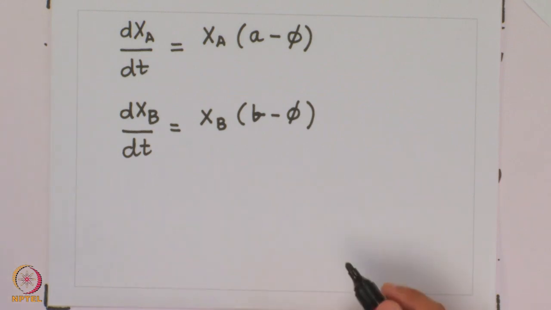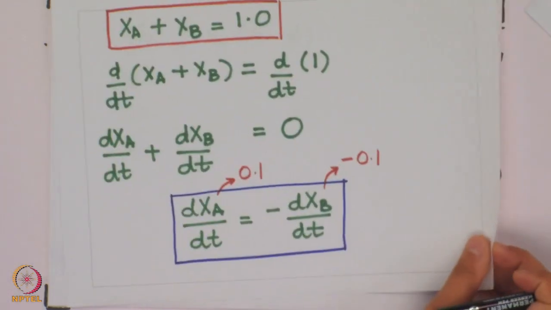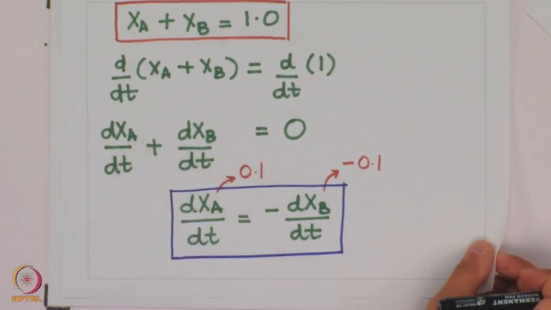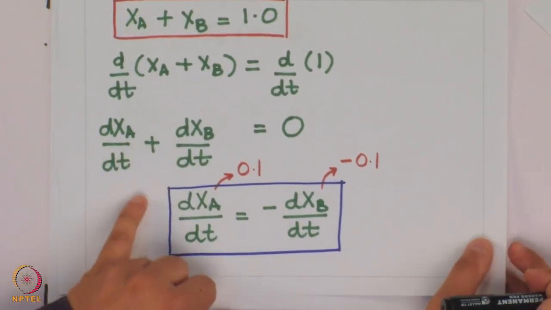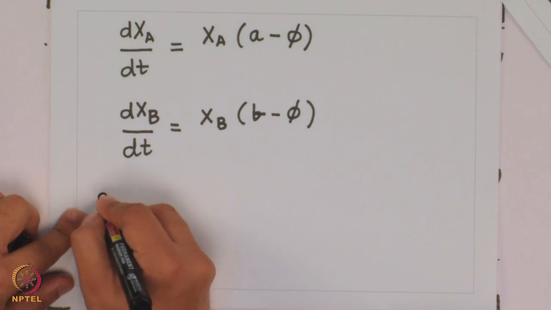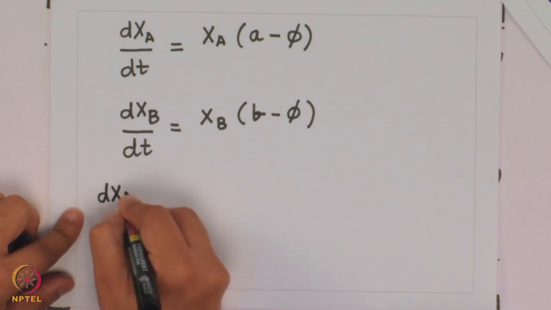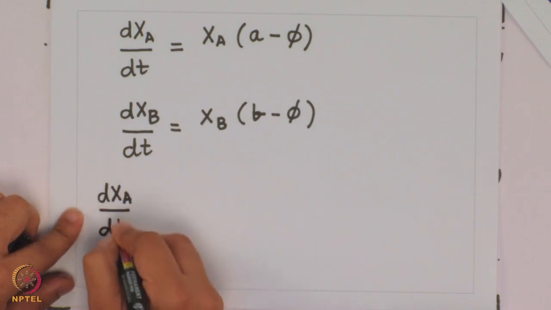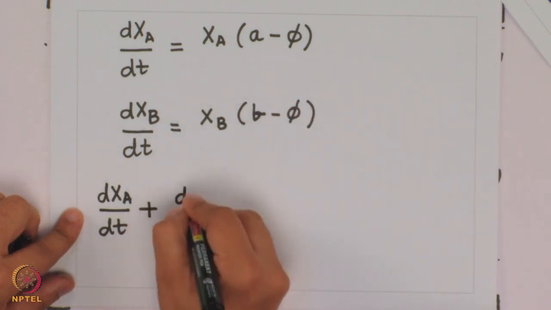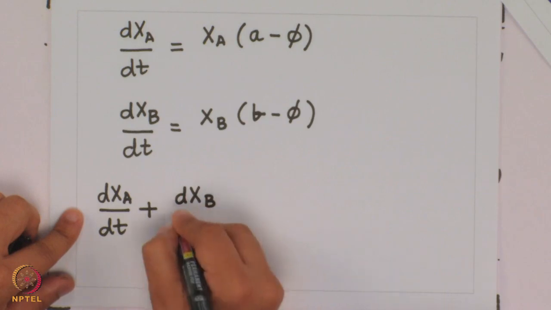So how do we find phi? Remember this result that we just obtained, that dxa by dt plus dxb by dt is equal to 0, and we are going to make use of this. In the model that we have, we are going to add the two. We know dxa by dt, we already have an expression for that, and to that we are going to add dxb by dt.